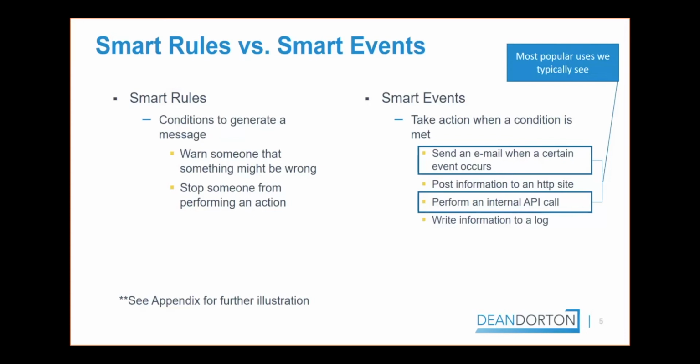It can post information to an HTTP site. That's useful for developer types or for some external integrations. It can perform an internal API call, which means an API call within your Sage Intacct instance. That's really powerful. That can do things like if you enter a new address or something on a vendor invoice in a certain field, you can have that address populate somewhere else.